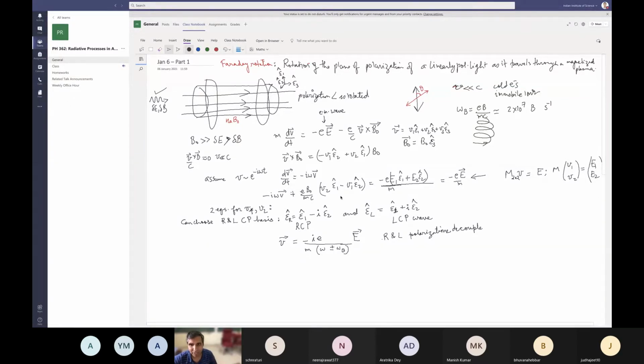It's easy to see, because when you don't have the electromagnetic waves, we know that the particles go around in circular paths. So the wave which has the same sense of circular polarization as the rotation of the particles will behave differently from the wave which has the opposite sense of circular polarization. And that is reflected here: there is omega plus minus omega b.